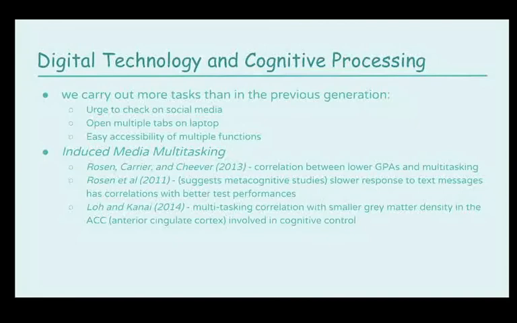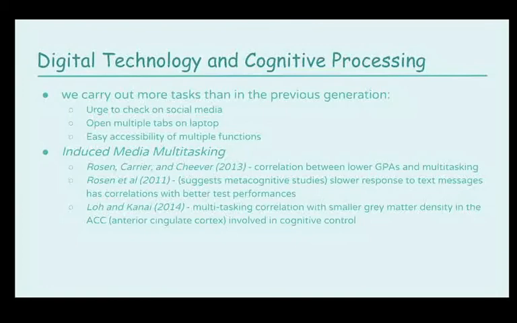In studies that investigate multitasking's effect on cognitive processing, there is Rosen, Carrier, and Cheever in 2013 about the correlation between lower GPAs and multitasking. And then Rosen et al. in 2011 also did a study about how slower response to text messages actually has a correlation with better test performances.